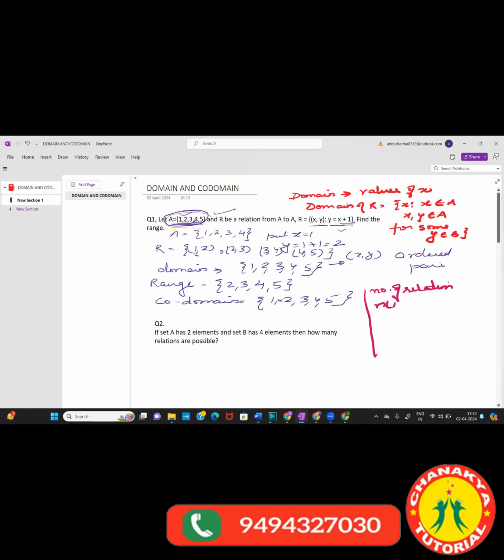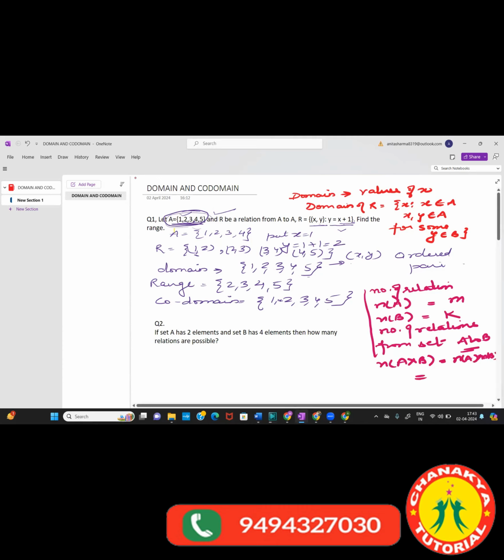Suppose in A set there are M elements, and in B set there are K elements, and we have to find number of relations from set A to B. First of all, you will find A × B. So in A × B there will be how many elements? It will be n(A) into n(B), number of elements of A into number of elements of B. So it will be M into K, MK.